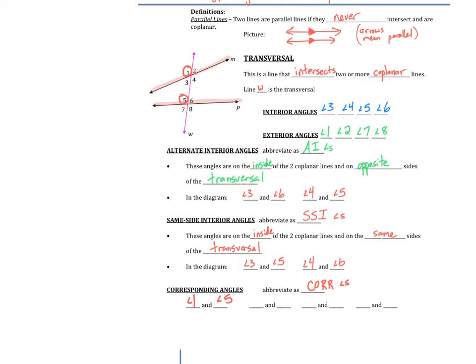Another pair would be above and to the right, so angle 2 and angle 6. Below and to the right would be angle 4 and angle 8. And lastly, below and left will be angle 3 and angle 7. So those are all the pairs of corresponding angles.